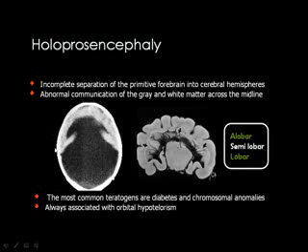Both cerebral hemispheres are fused, and the ventricular system is represented by a bag filled with water or CSF. There are no midline structures. There is no falx. There is no septum pellucidum. There is no corpus callosum. All the midline structures are absent.